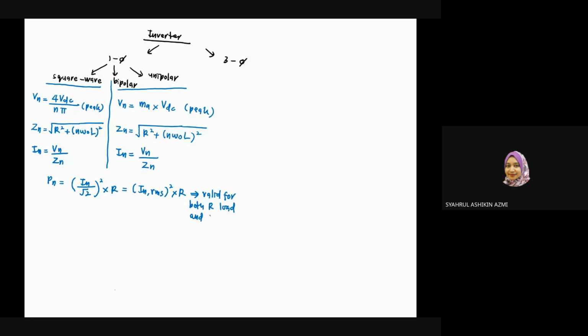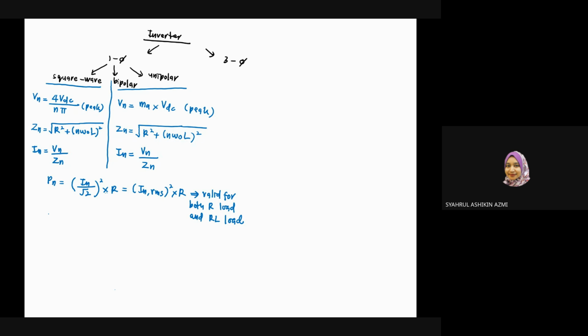For the one with impedance, you just multiply with R only. No need to consider the effect of the inductor. Okay, and then what else?